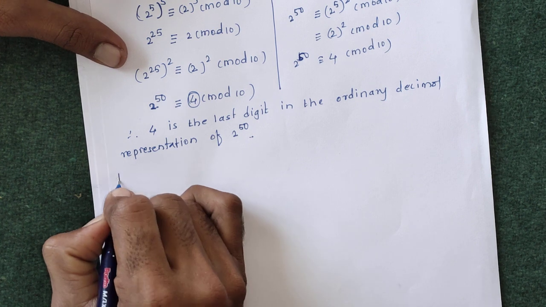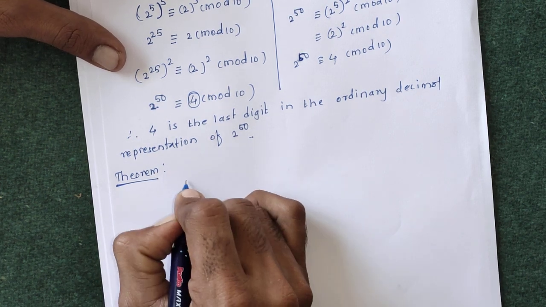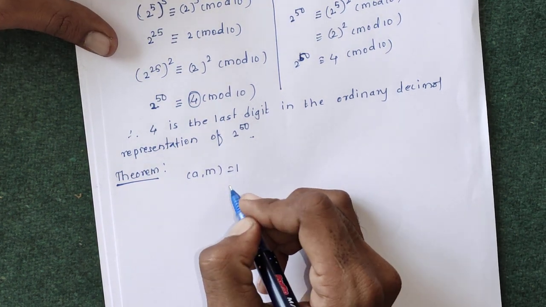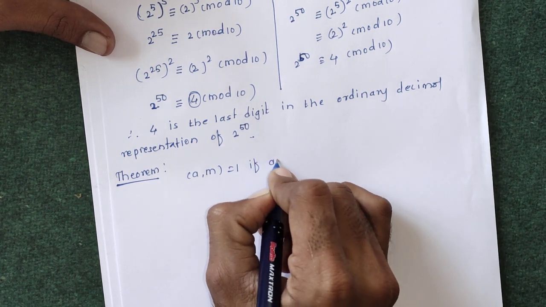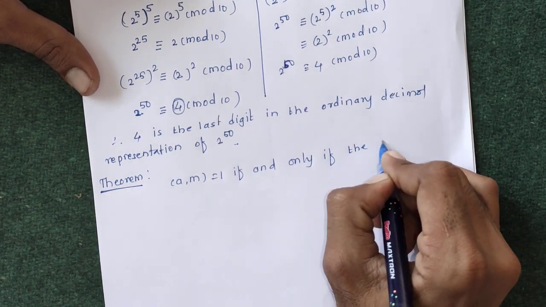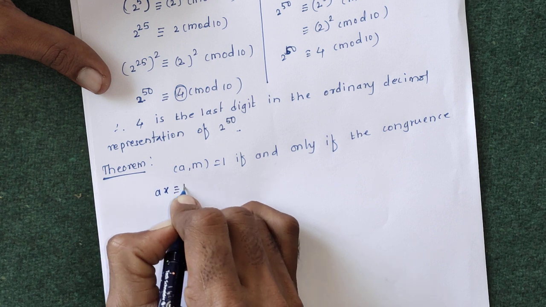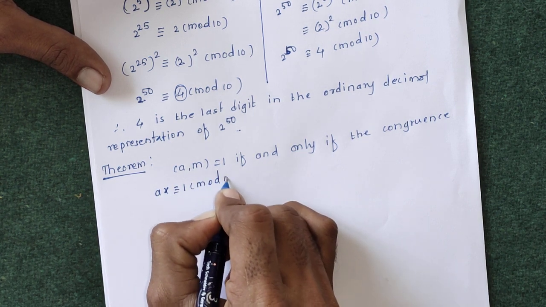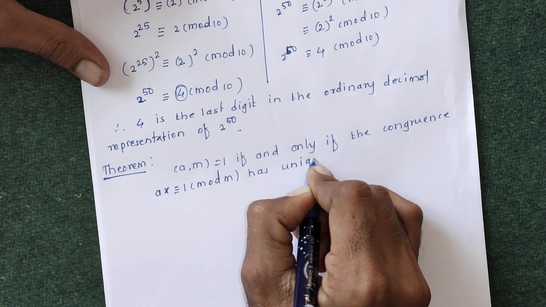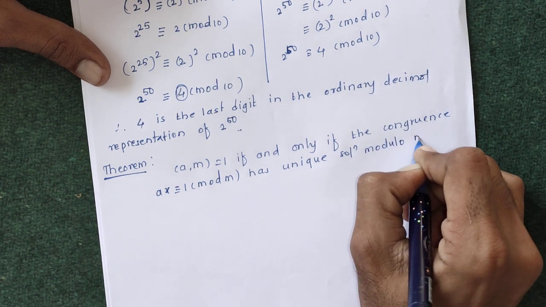The statement of the theorem is: if a and m are any two integers, then GCD of a and m is equal to 1 if and only if the congruence ax is congruent to 1 modulo m has a unique solution modulo m.